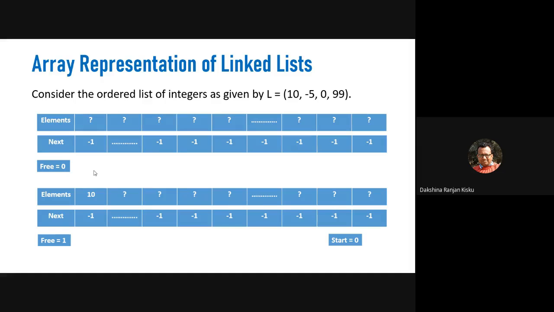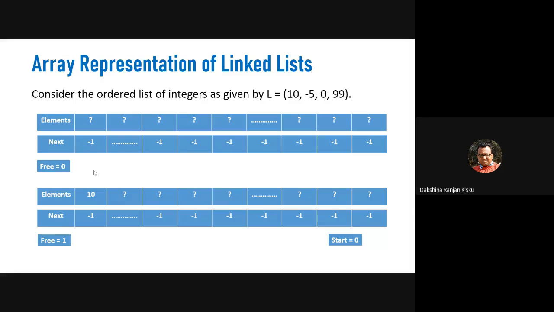That means the elements array will contain the data part of all nodes, and the next array will contain the link part, the pointers, of all nodes of the linked list. Then it becomes easy to understand.